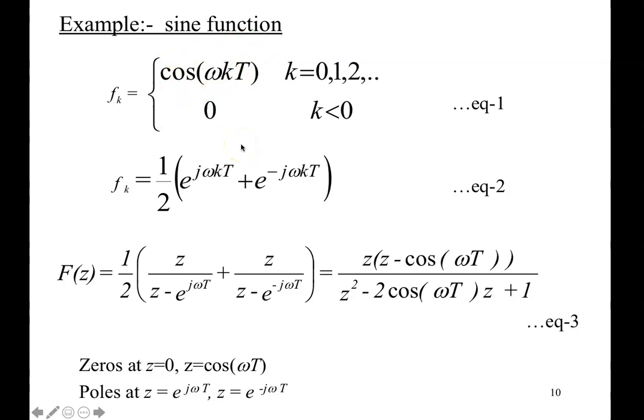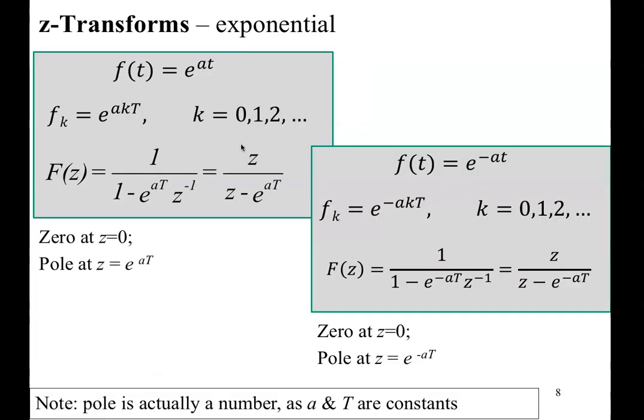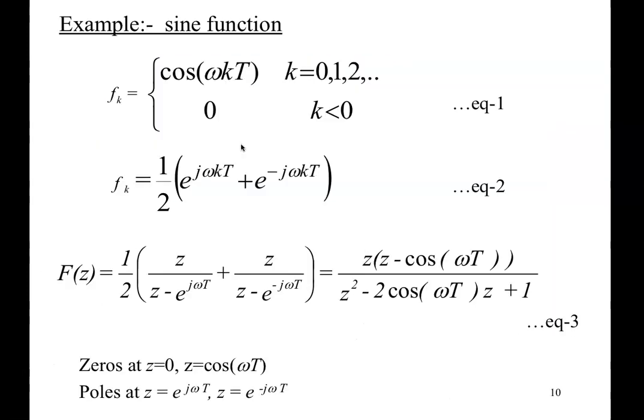Now, from the previous page, we know the zTransform of exponential functions. Okay, so really this linearity property of zTransform will give you all sorts of possibilities. Over here, if I can find the zTransform of this exponential function and the zTransform of this function, then I can add them together and divide by 2.